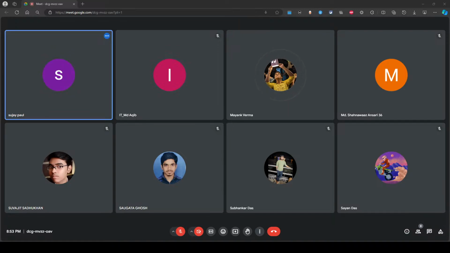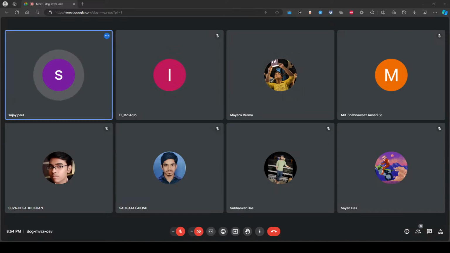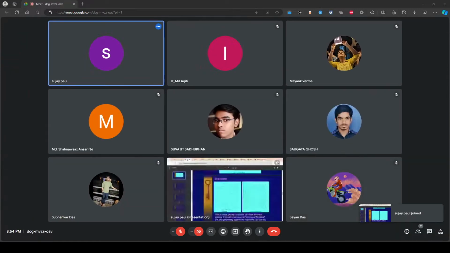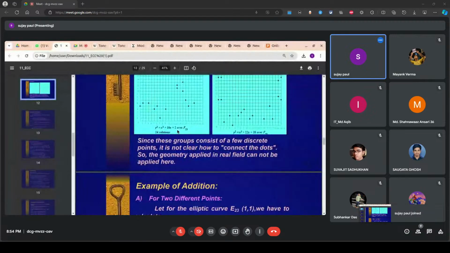How should we proceed? So we have to find the values of x and y for the points. See, I will give you the equation of the curve again. Let me share my screen again. See, I will give the curve.